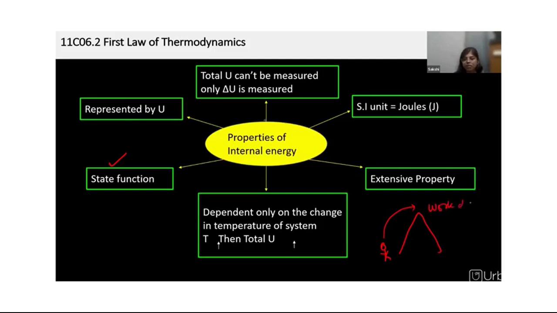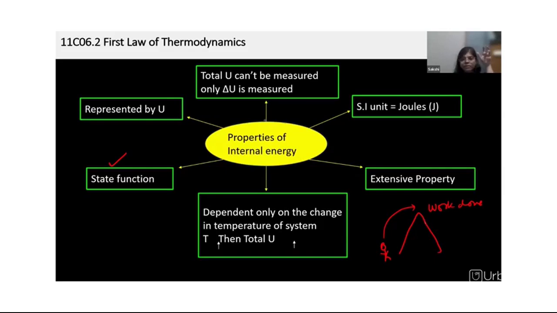Either you can climb the hill and reach the top, or you can sit in a helicopter and reach the top. In both cases, the work done by your body depends on the path that you have chosen. If a certain quantity depends on the path, we call it a path function. If it does not depend on the path, we call it a state function.